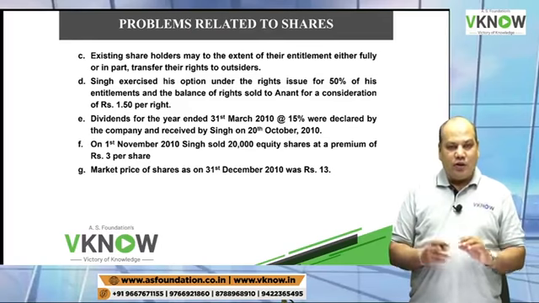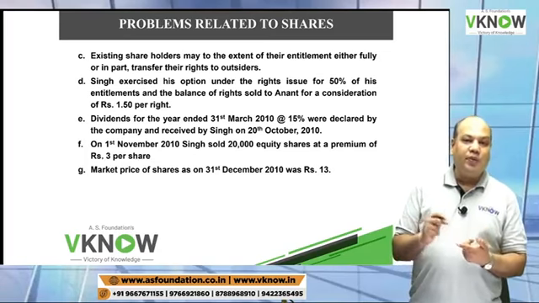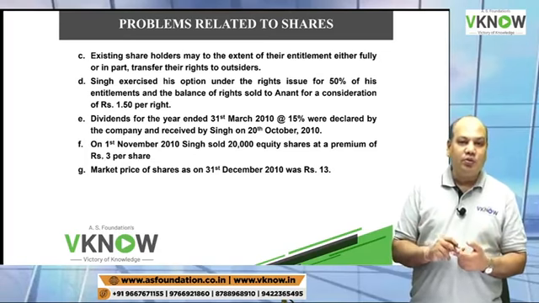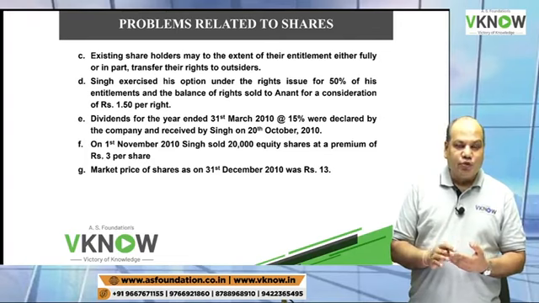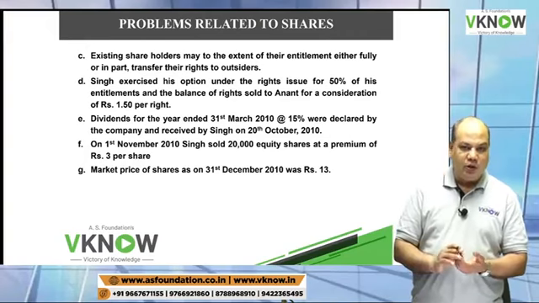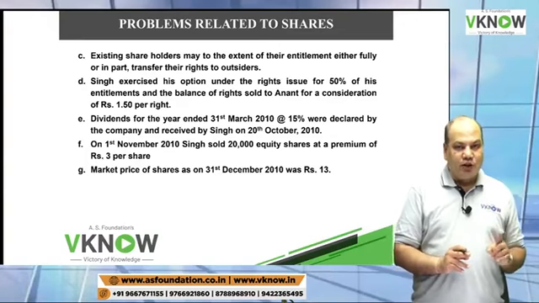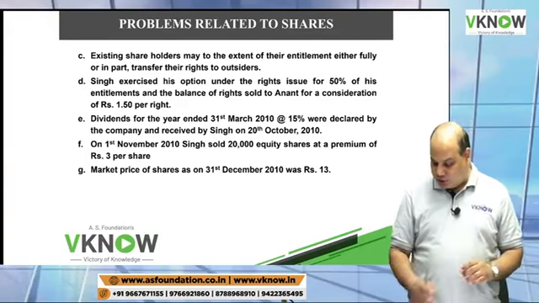The answer is dividend is paid to that member whose name appears in the register of members on the record date. So if Singh's name appears in the register of members on the record date, Singh will receive dividend, not the previous shareholder from whom Singh has acquired the shares.